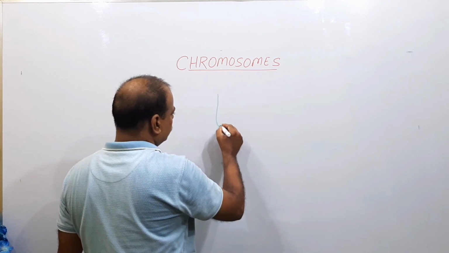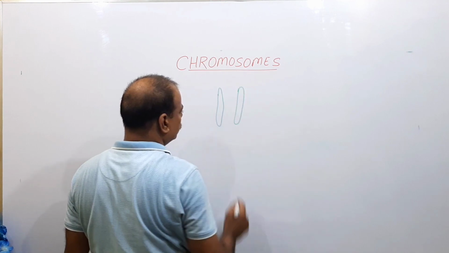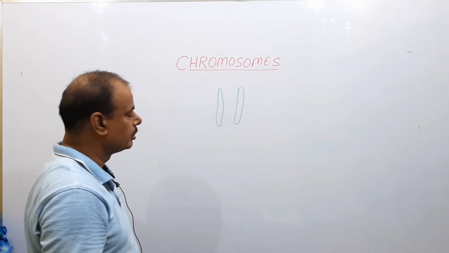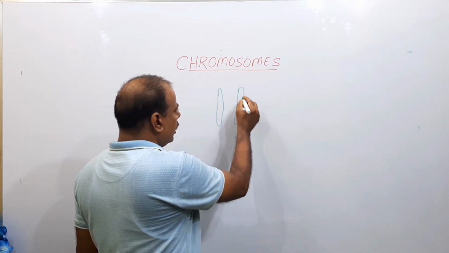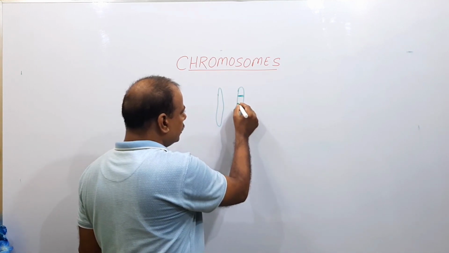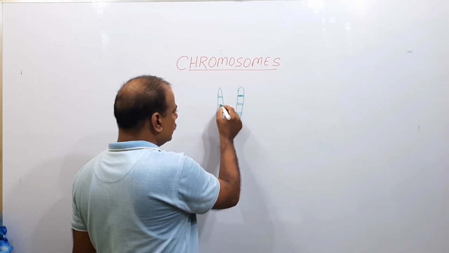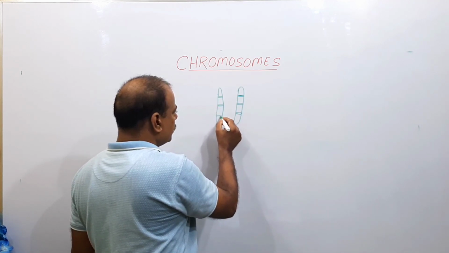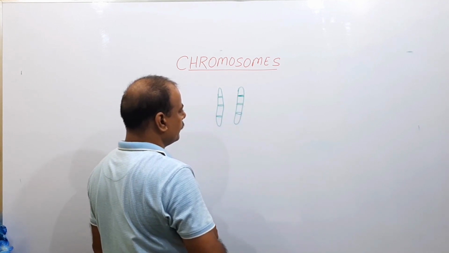Suppose here these are the two genes, meaning each one is an allele, and here these are the loci. Loci is the plural form of locus, meaning a specific position.